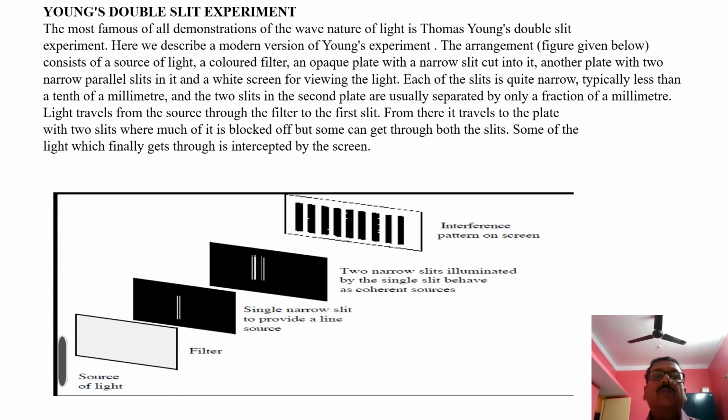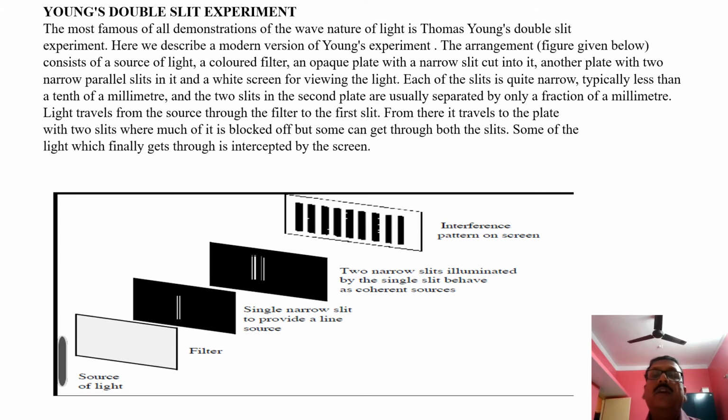In this arrangement, there is a source of light, a colored filter, an opaque plate with a narrow slit cut into it, another plate with two narrow slits in it, and a white screen for viewing the light.